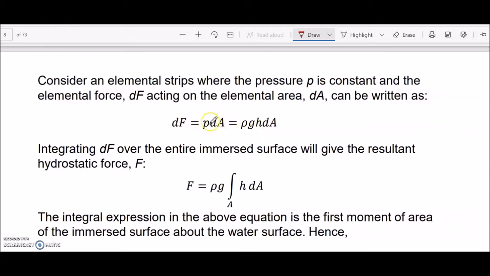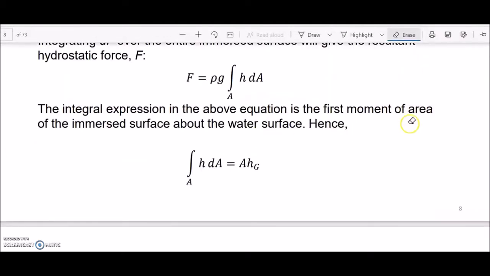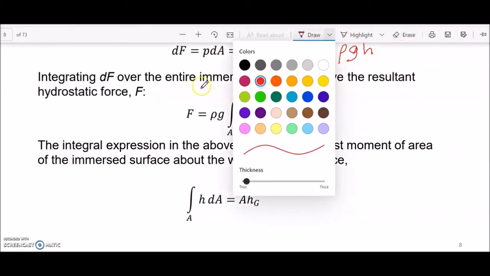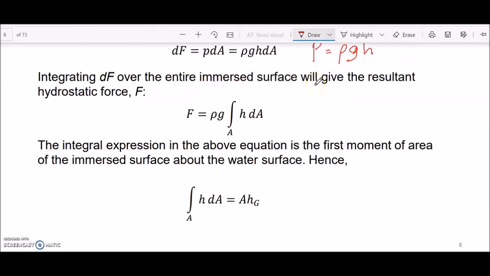As we know, the pressure is rho g h. So we substitute rho g h and multiply by the differential area, and by integrating the force over the entire immersed surface, it gives us the force equal to rho g times the integral over the area of h dA.